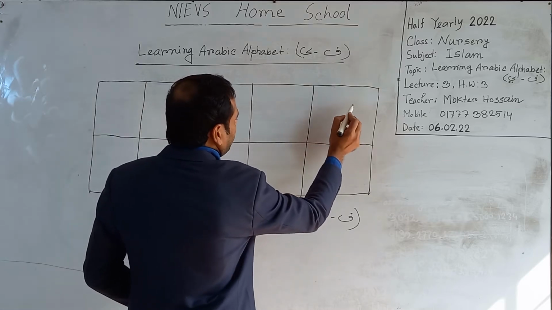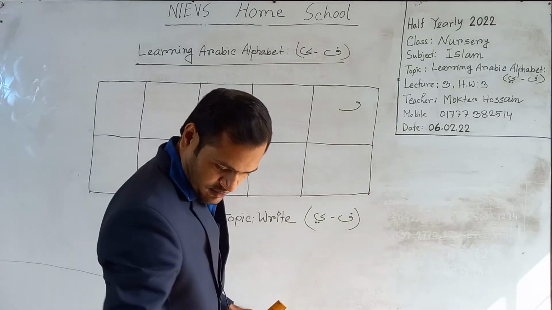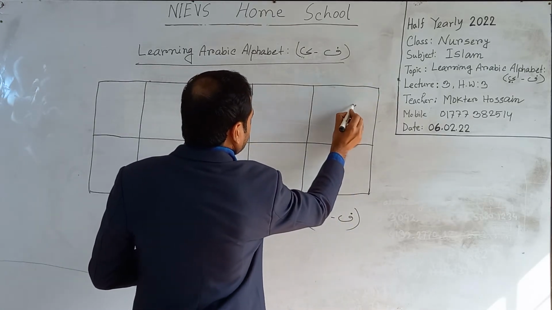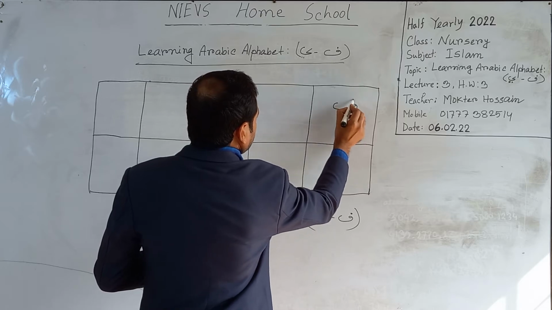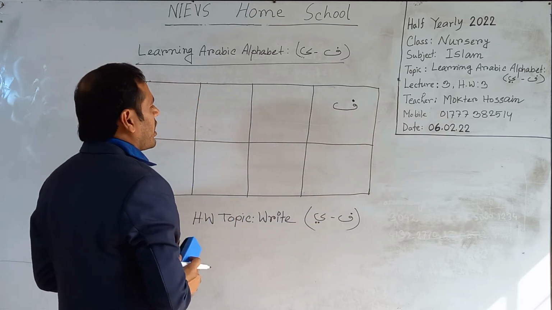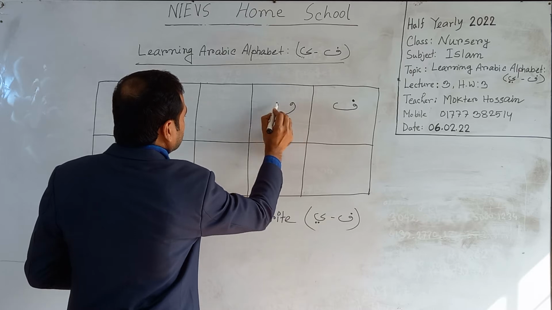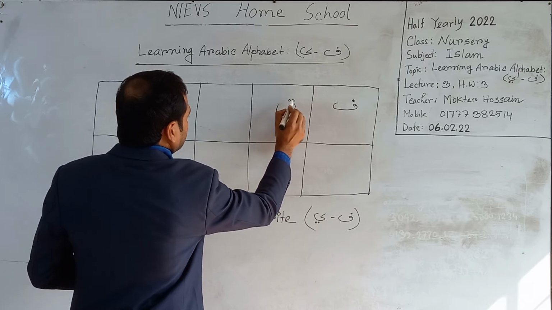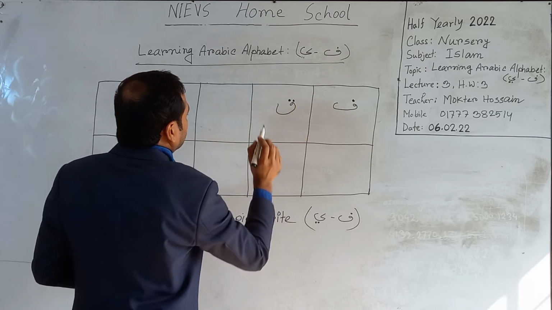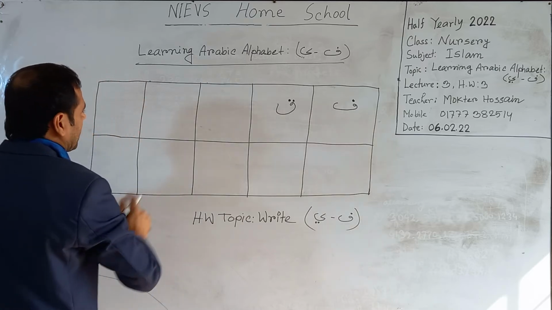The first one is Fa. This is Fa. Now Qaf. This letter is called Qaf. Now Kaf.